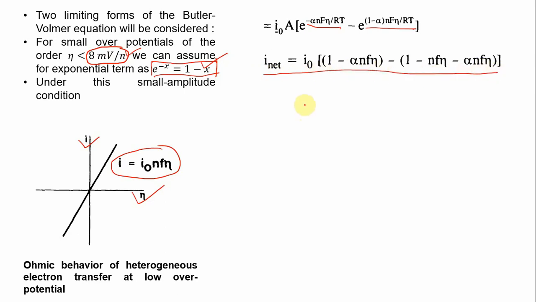Now if this equation is simplified, then we get the relation between the net current and the exchange current, number of electrons and overpotential.